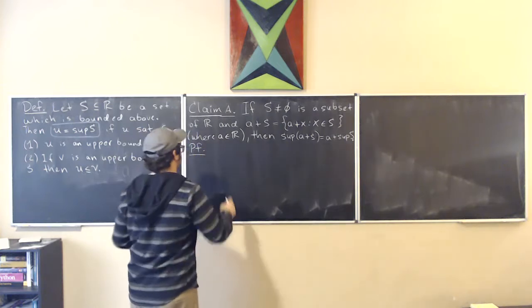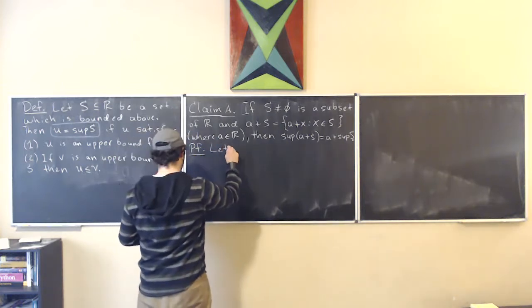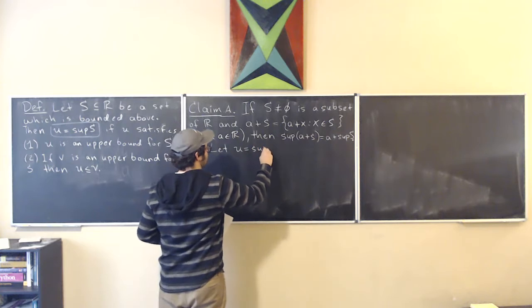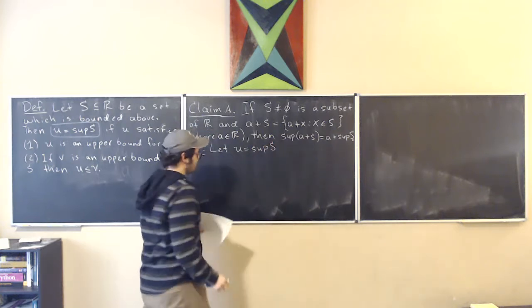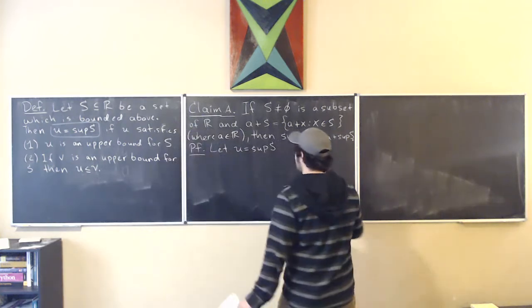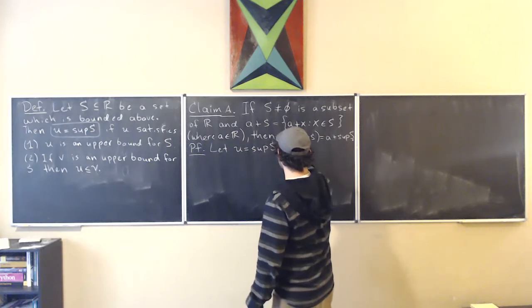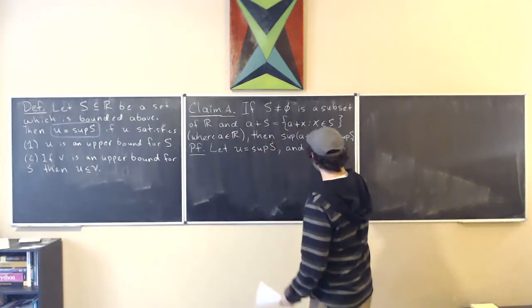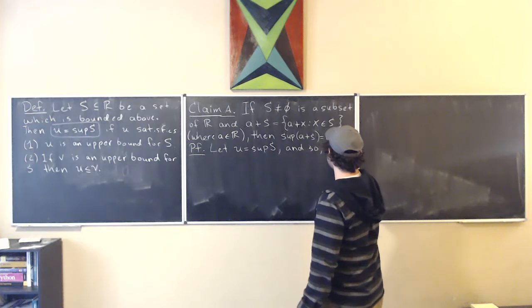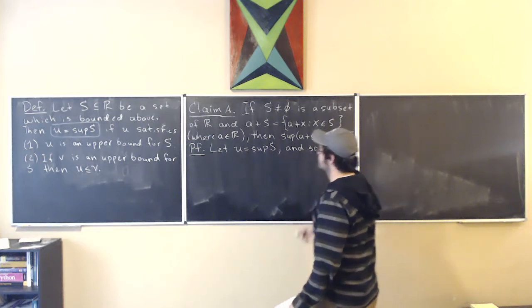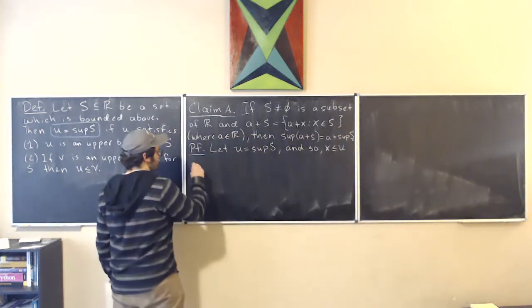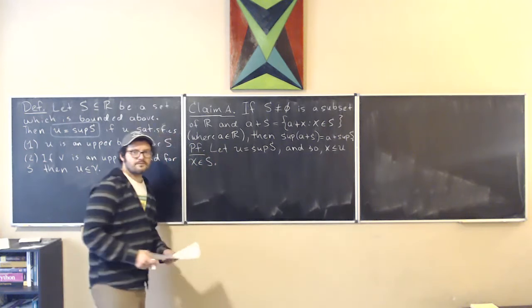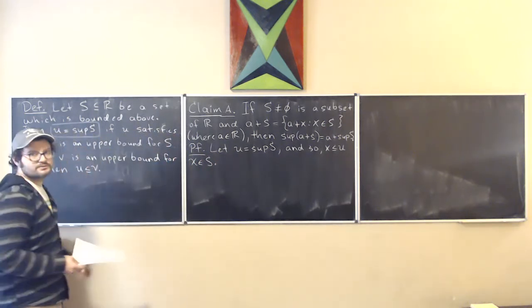We'll start by saying let U equal the supremum of S. Under this assumption, x is at most U for all x in S. That's just by definition.